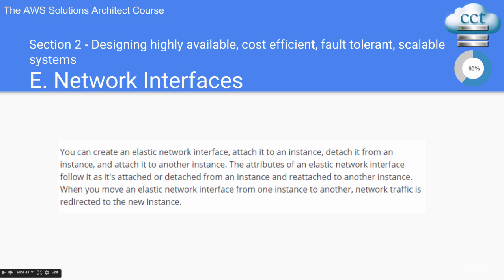But basically, a very important fact of elastic network interfaces, which took me a long while to fully understand, is that the idea of launching an EC2 instance on a particular VPC subnet is effectively obsolete since this came in.